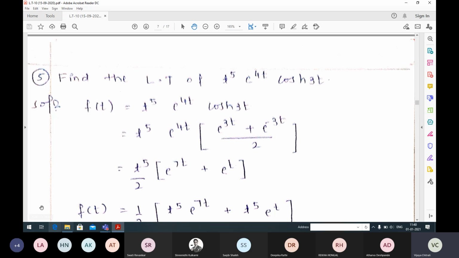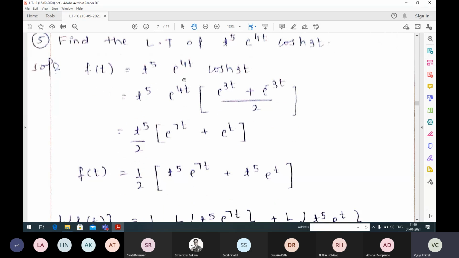So f of t is equal to t raised to 5 e raised to 4t cos hyperbolic 3t, right? Keep t raised to 5 and e raised to 4t as they are. For the hyperbolic function, we have a standard property. We can convert this hyperbolic function into exponential, so use that property and take advantage.